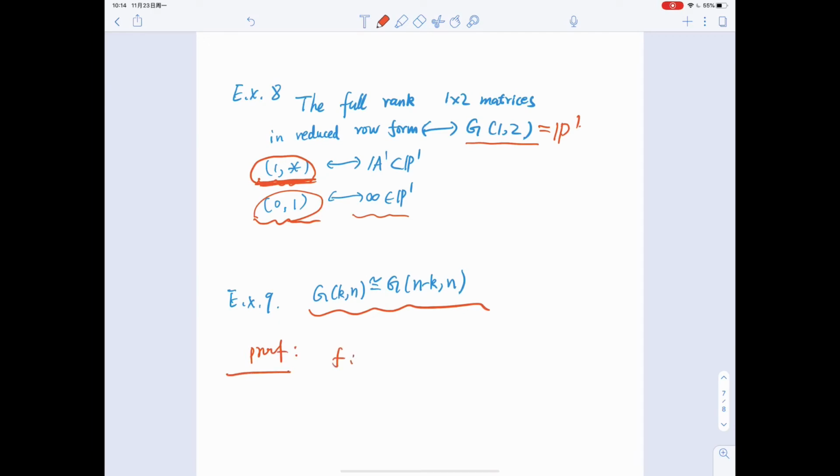The next example, we use the affine cover construction of the Grassmannian to show the following property. We know that there is a well-defined set-theoretic bijection F which sends an element in G(k,n) to G(n minus k, n).